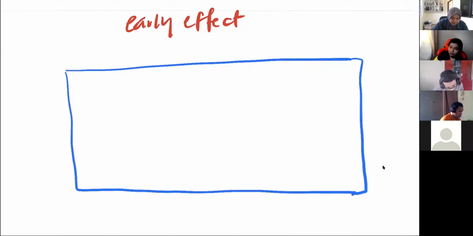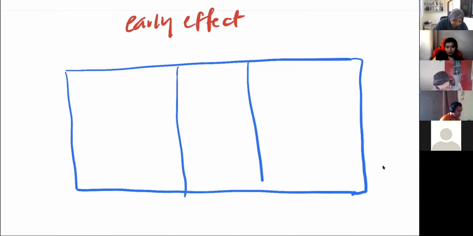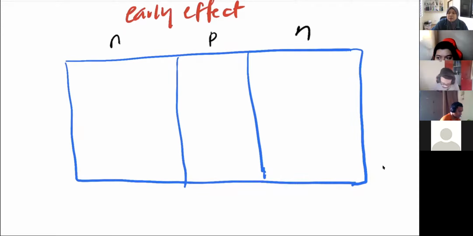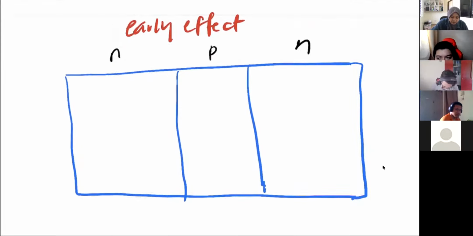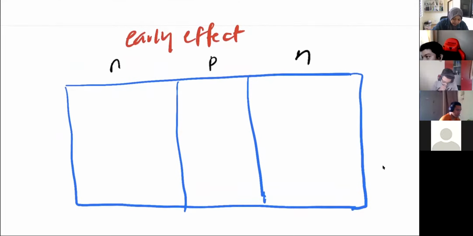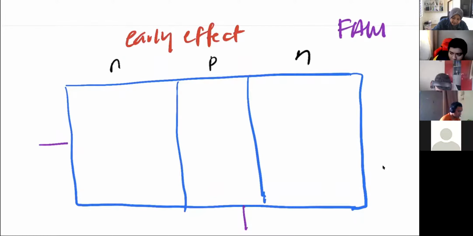Okay, so the early effect, what is it? We have a BJT, you have the PN junctions over here. Under normal conditions, we talk about forward active mode. For forward active mode, how do we bias the emitter, base and collector?